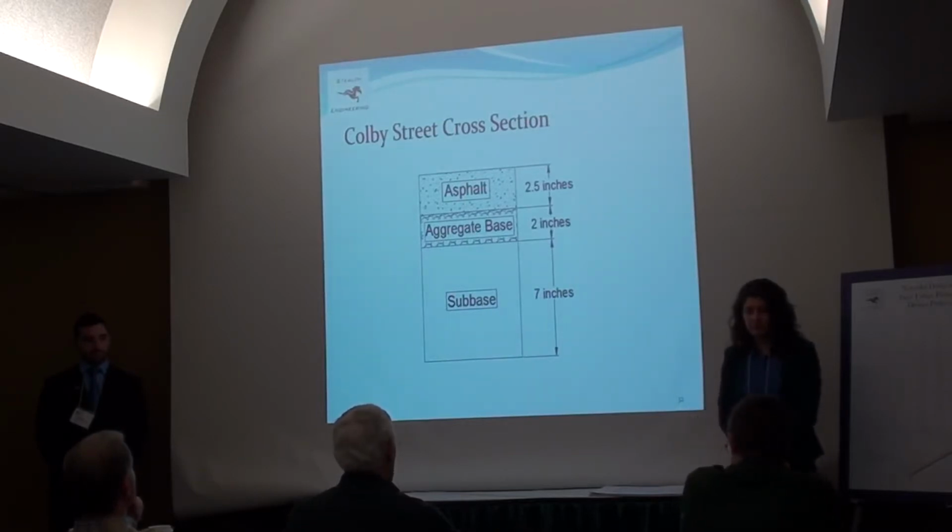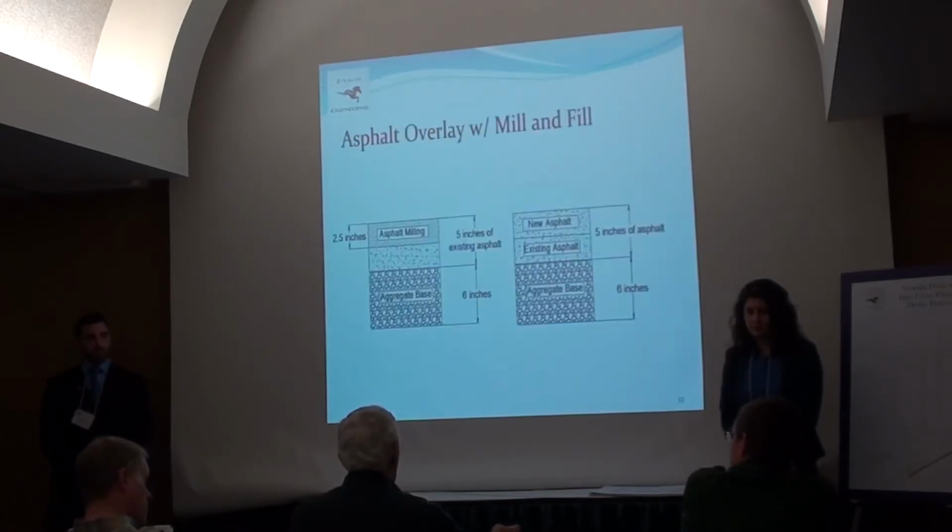For Hazlet Road, you're recommending a mill and fill surface. How deep a mill and fill would you say? 2.5 inches. How deep are the top-down cracks? That was just an estimation to ensure that the cracks I observed on site would be removed.